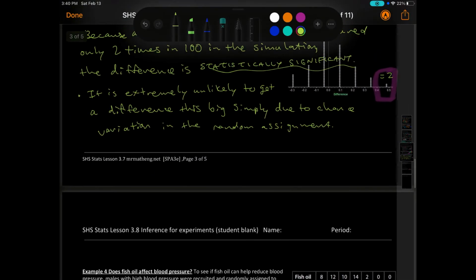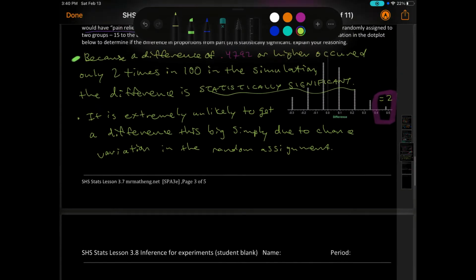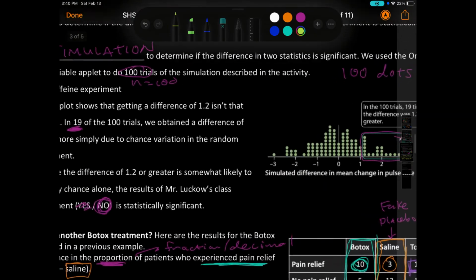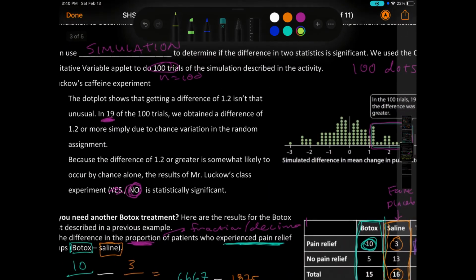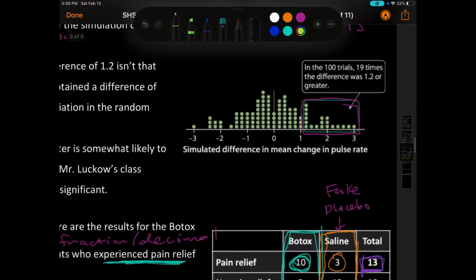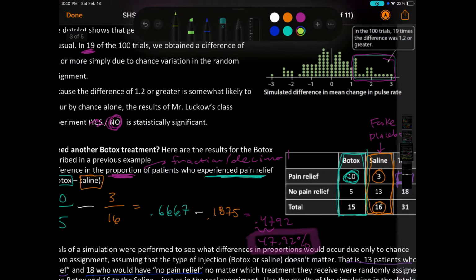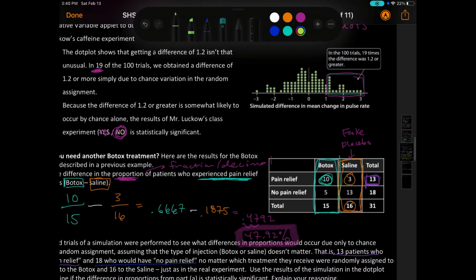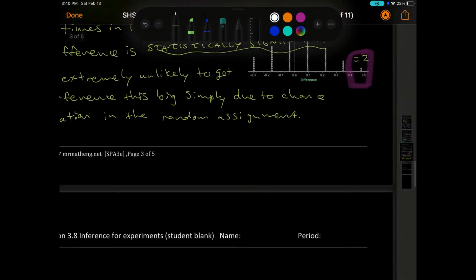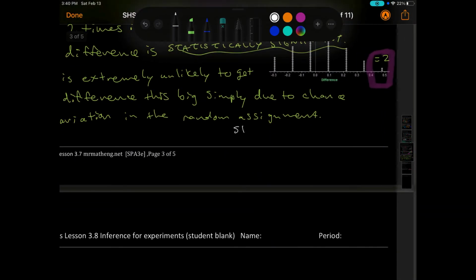All right, and those 2 examples of the difference in the caffeine and blood pressure rate, this one. So that was, we said, 19 out of 100 trials. Let's do this one. So when is it statistically significant?